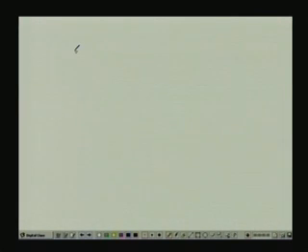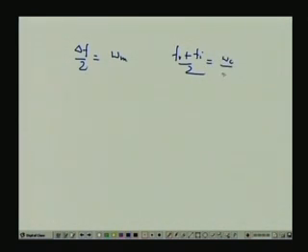Let me suppose that we are telling delta F by 2 pi equal to omega m and (Fr plus Fi) by 2 equal to omega c by 2 pi.